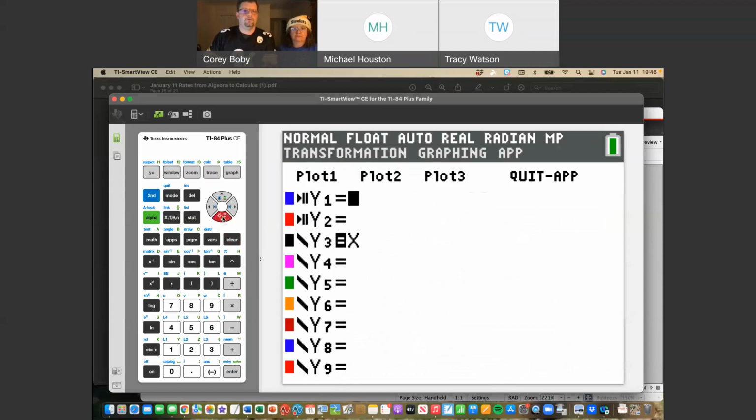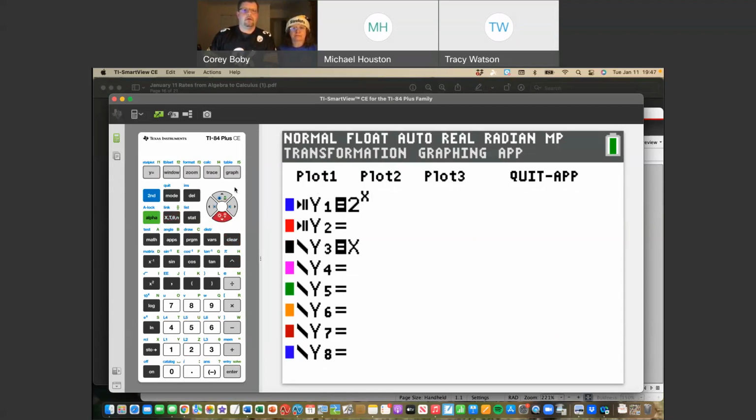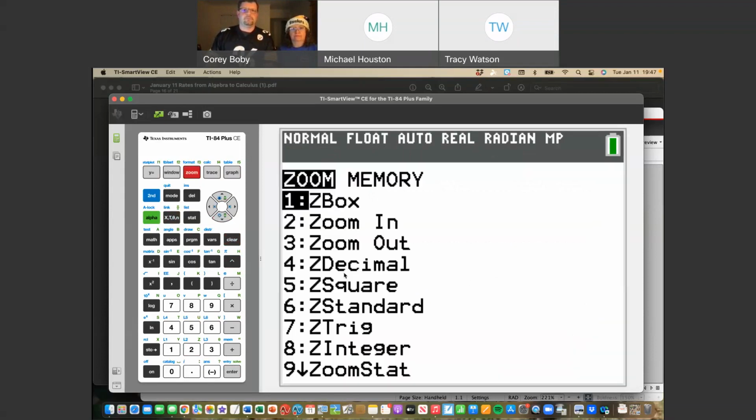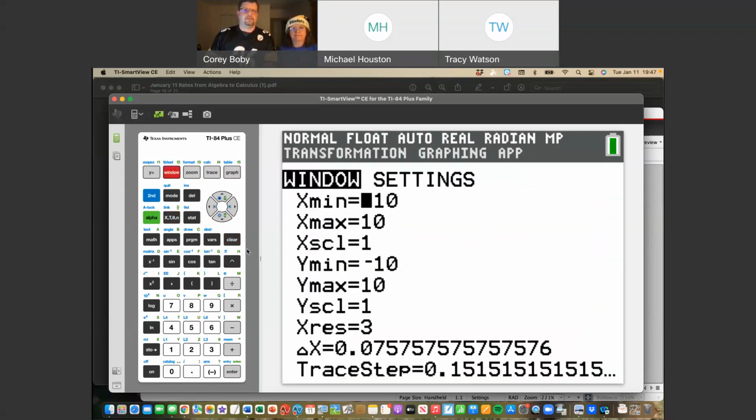I want to do 2 to the x. Clear your y3. All right. So when there's my graph, let me get zoom standard here. And maybe I don't need the negatives, so I'm going to make this like -1 here.